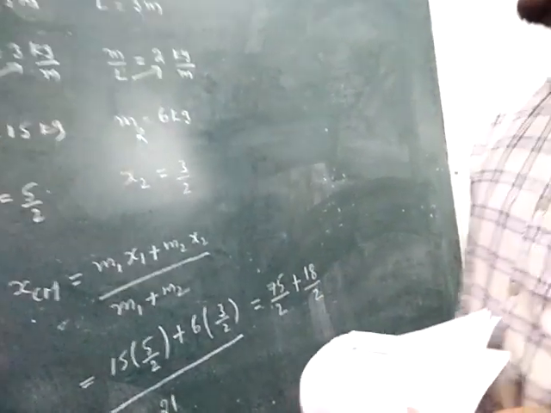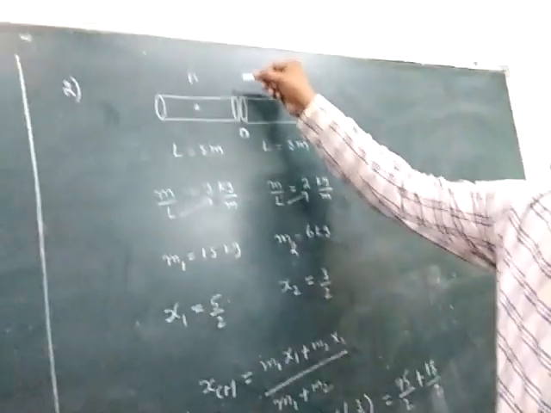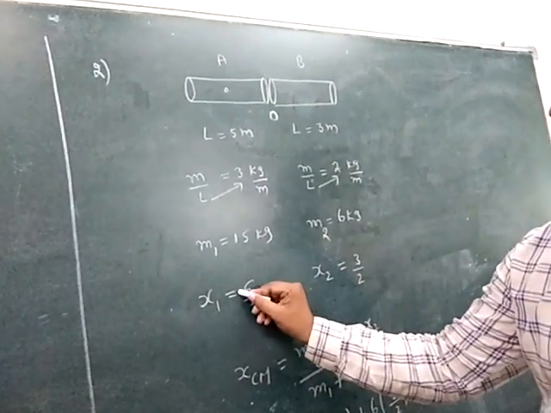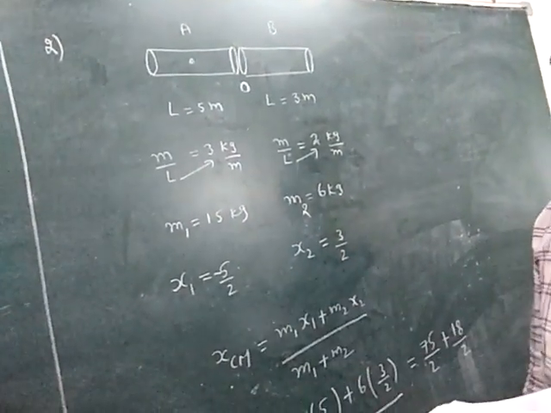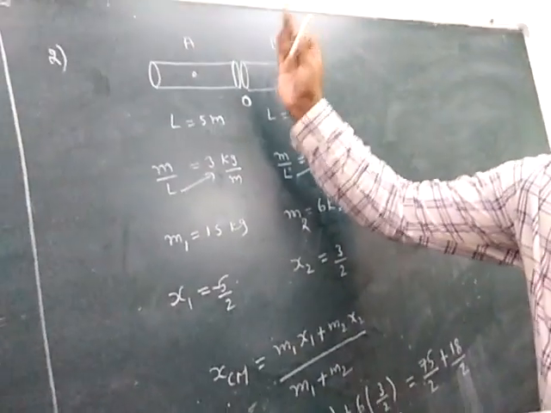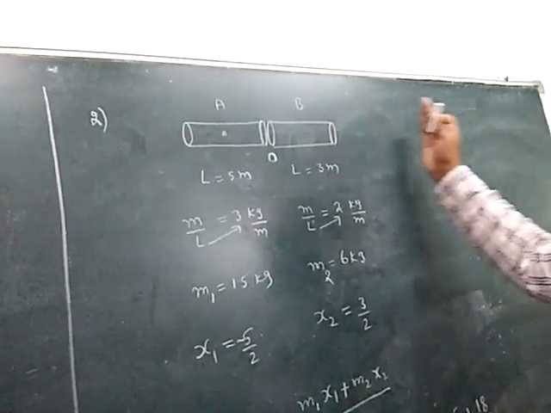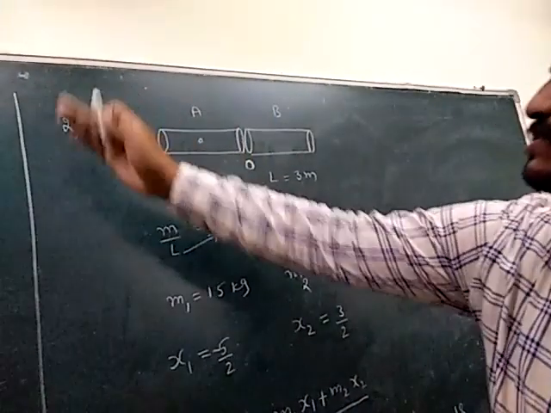One minute. In mathematics, the origin's left side is taken as negative. That's why x1 is written as minus: this is the origin, the right side is positive, the left side is negative.